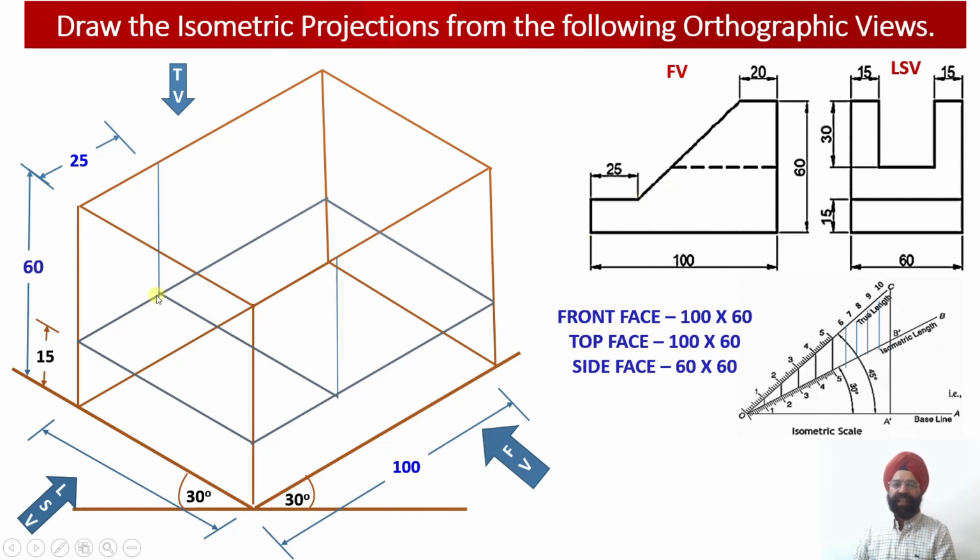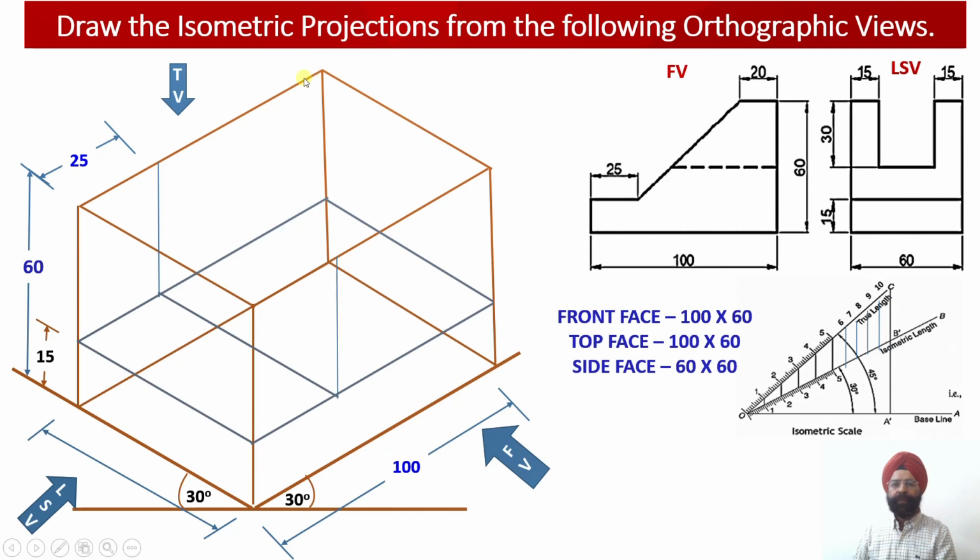I am interested in this point, and I am also interested in this point. So this is what I require. Then these webs are going to start, please check, 20 millimeter in front of the rear face, first thing. Second, the thickness of these webs is equal to 15 millimeter. It is available to me through the side view.